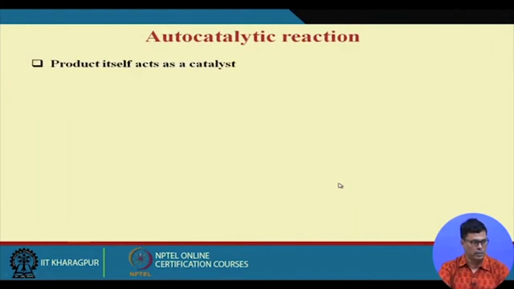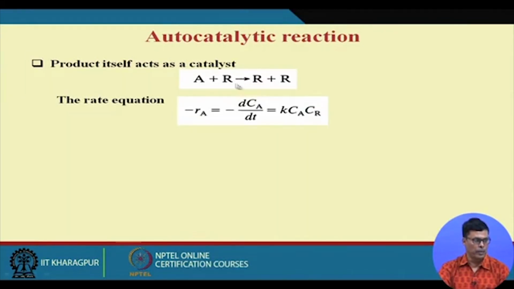Another very interesting thing is the autocatalytic reaction. What is an autocatalytic reaction? A plus R produces R, and R is the product, and R itself again acts as a catalyst to carry out the reaction. That is why we call it autocatalytic reaction.